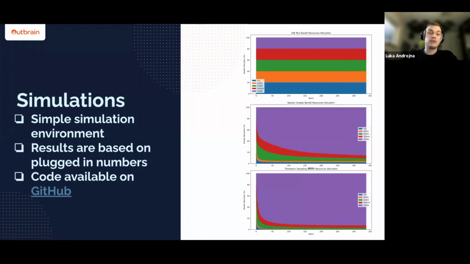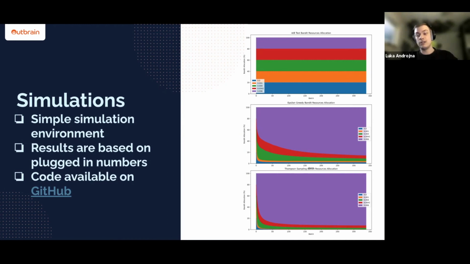Now let's go into the simulations a bit, so you can actually see the differences between the methods that we are using. The first thing that I would like to mention here is that this is a very simple simulation environment, and the results that you will see are solely based on the plugged in numbers.